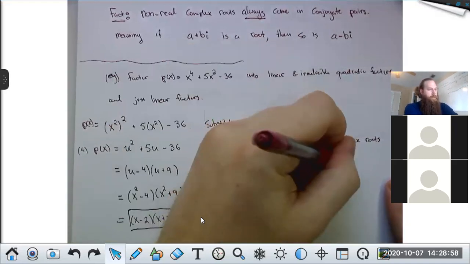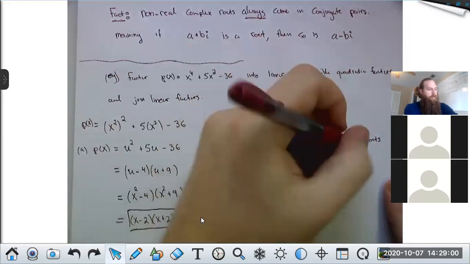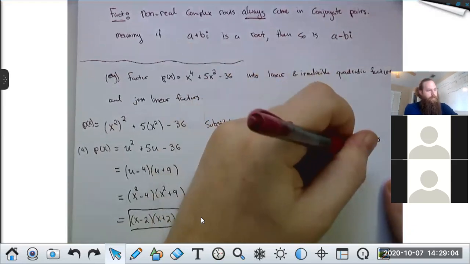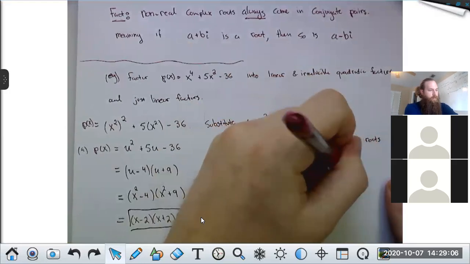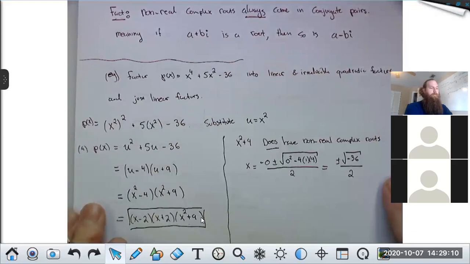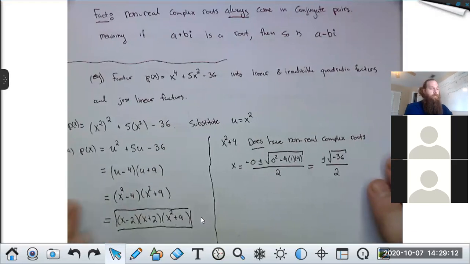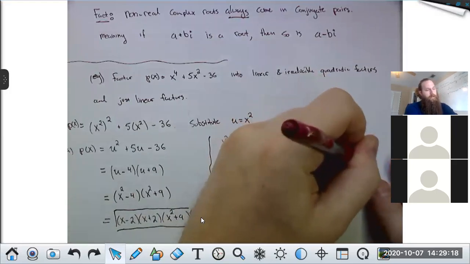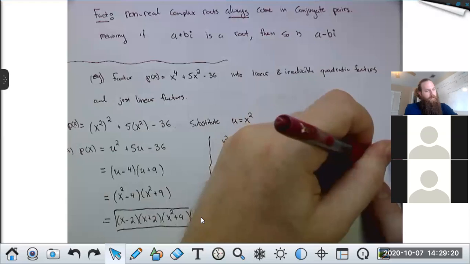So that's plus or minus the square root of negative 36 over 2. The square root of 36 is 6, so the square root of negative 36 is 6i.